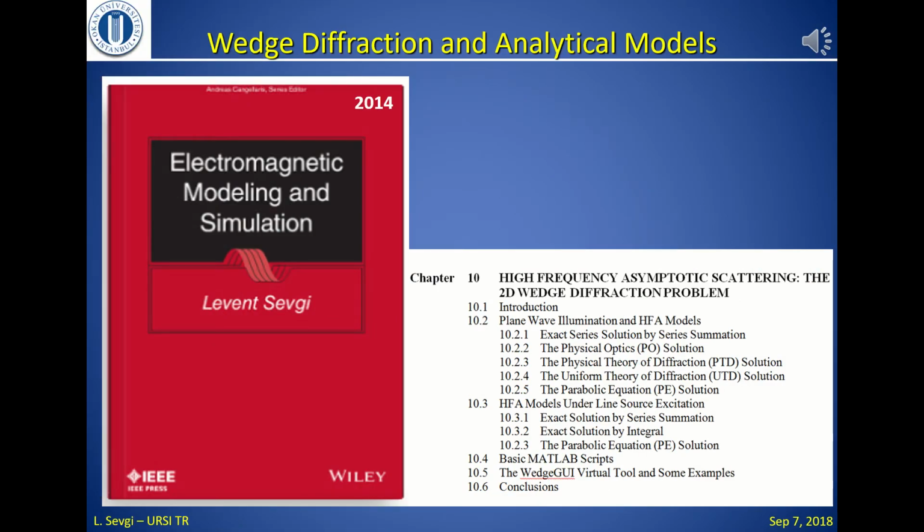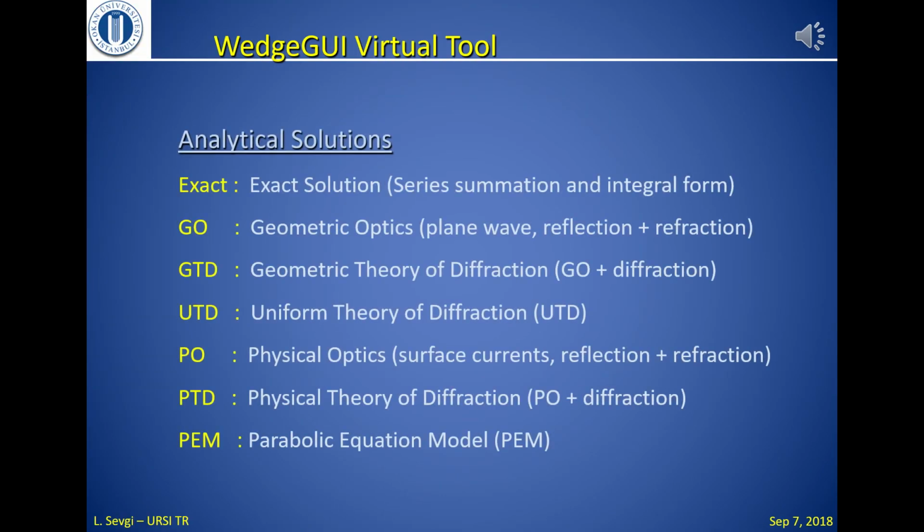Chapter 10 of my recent book, Electromagnetic Modeling and Simulation, published by the IEEE Press in 2014, belongs to these high-frequency asymptotic techniques. This problem has both analytical exact and high-frequency asymptotic solutions.